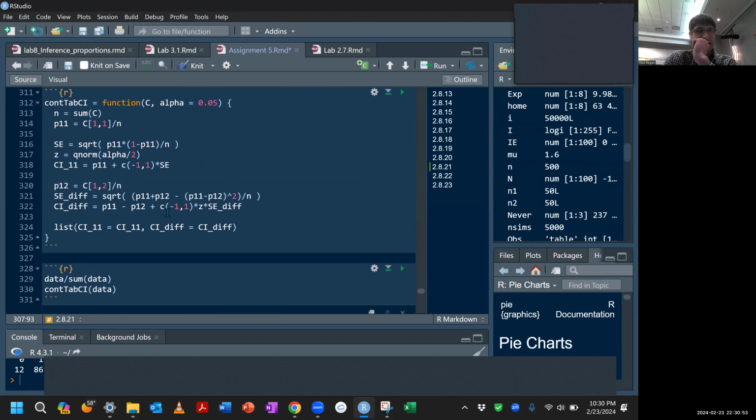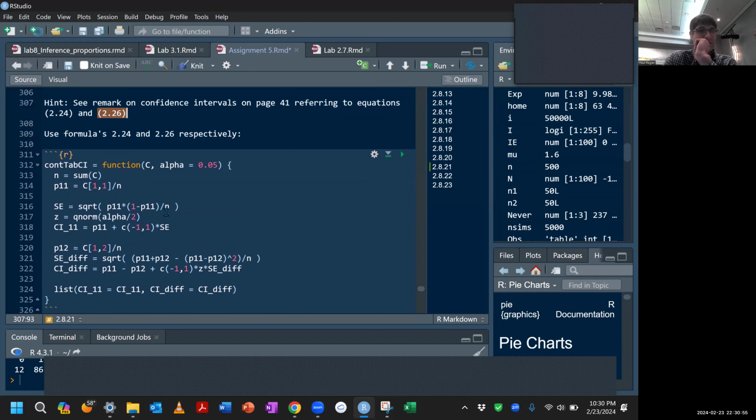For the P11 formula, that's 2.24. So here's my work for finding the confidence interval for P11. Here's my work for the confidence interval for the difference between P11 and P12.